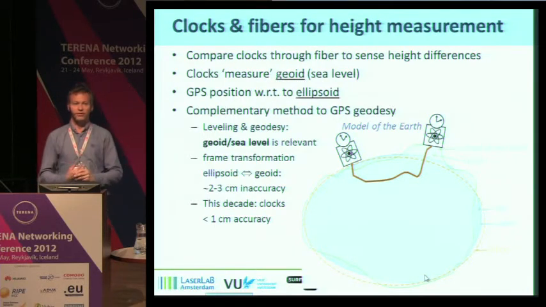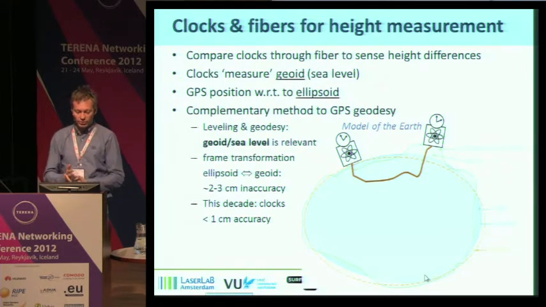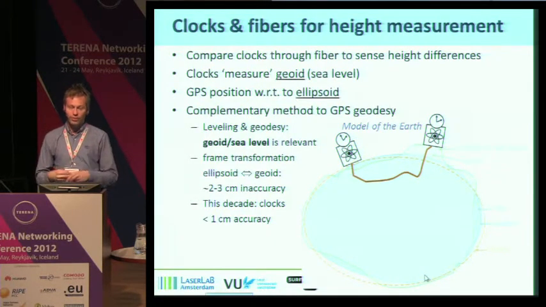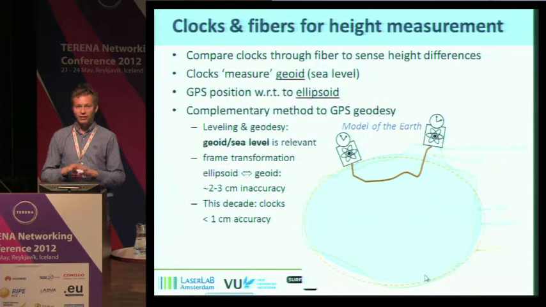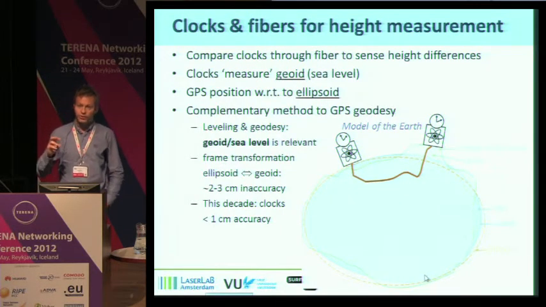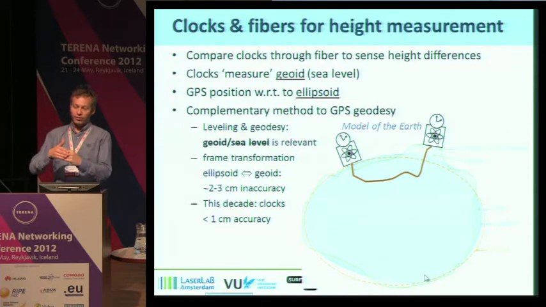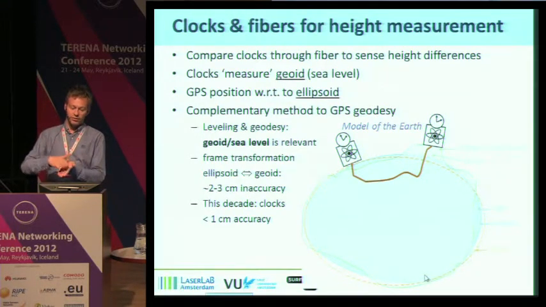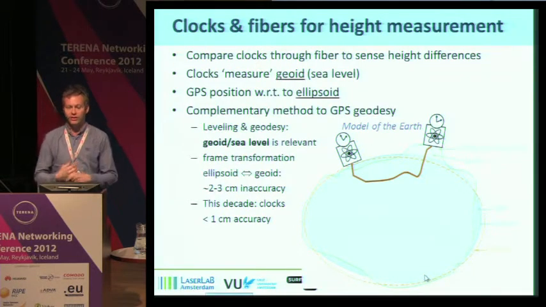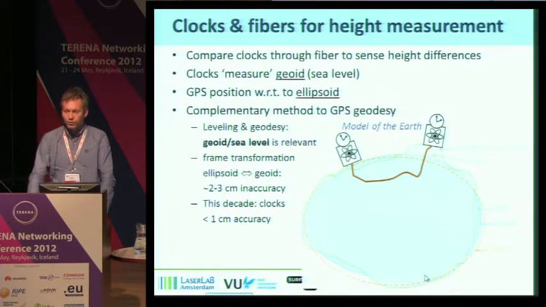They are sensitive to gravitational potential, whereas GPS measures height with respect to some imaginary ellipsoid, this idealized shape of the Earth, and then GPS converts the height with respect to the ellipsoid to the height in the frame of the geoid, but this frame transformation introduces some inaccuracy.